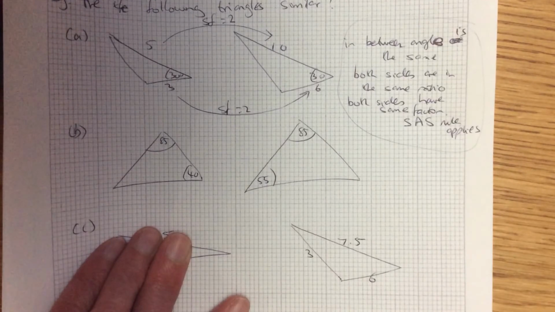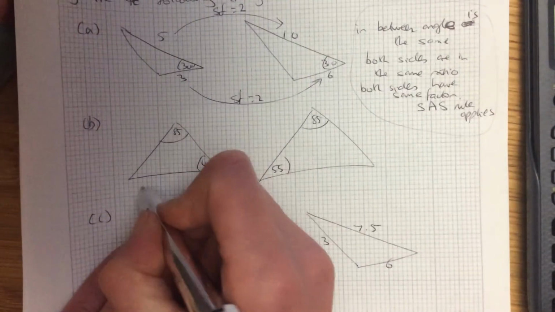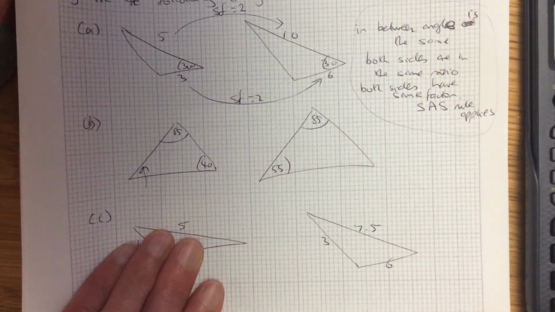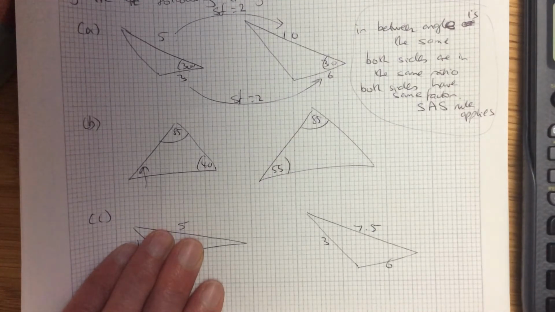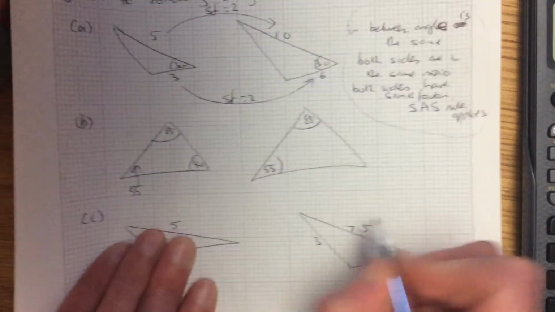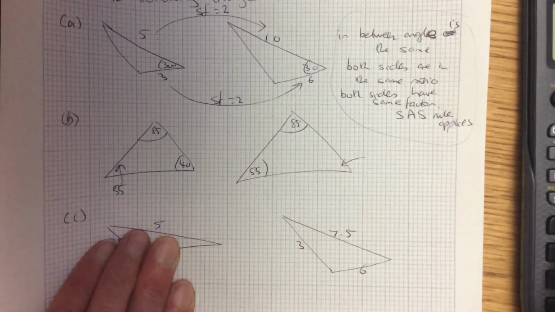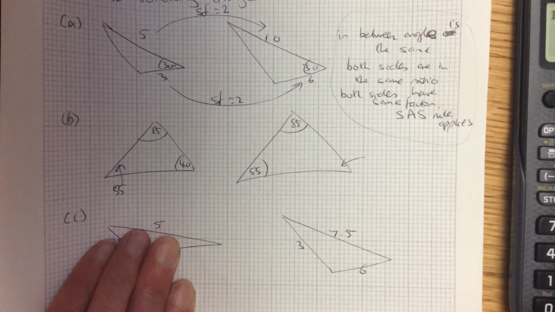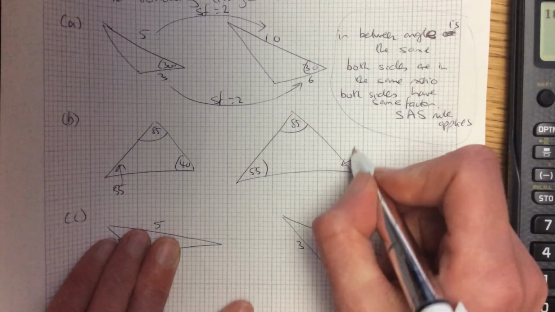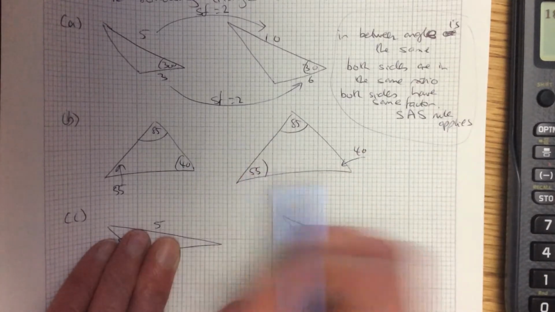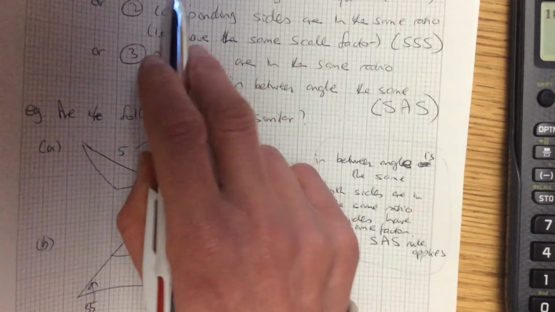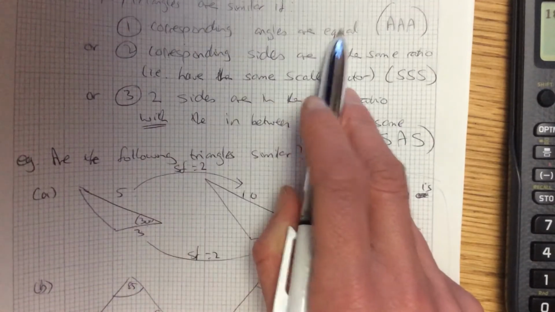I don't know all 3 angles, so let me work out the missing angle here. So 180 minus 85 minus 40, the angle is 55. And let me work out this angle. So 180 minus 85 minus 55 is 40. So can you see the way all angles are the same? And that was one of our wee rules up there.